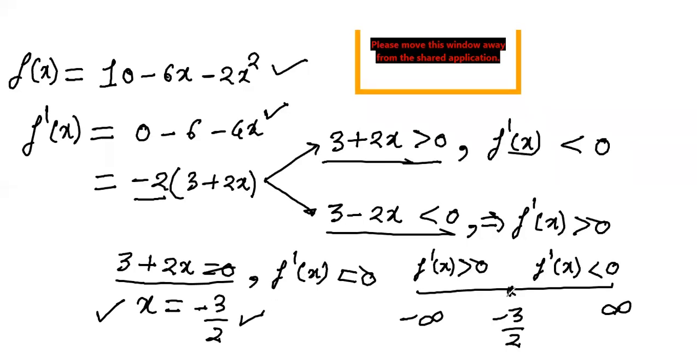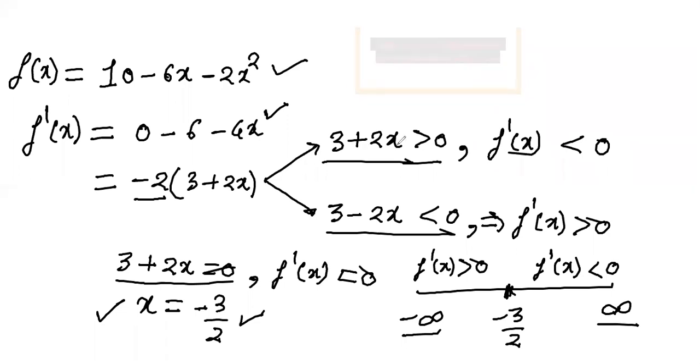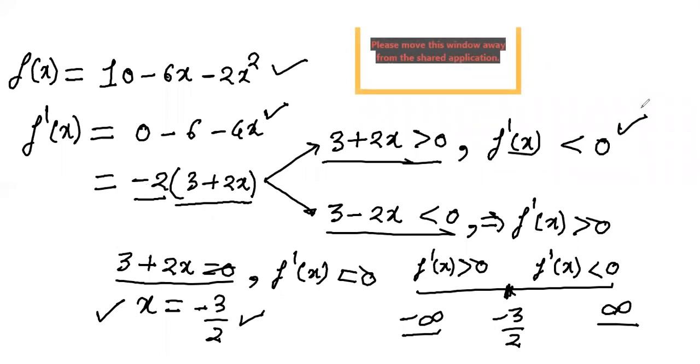So I have plotted it on the number line. I have started from minus infinite to plus infinite, and one point is in between, that is minus 3 by 2. Now, if 3 plus 2x is greater than 0, negative into positive means negative, so f dash x will be negative.